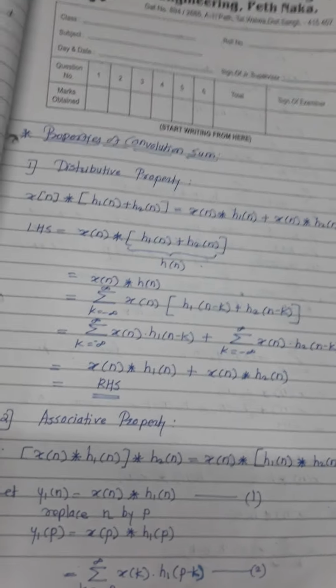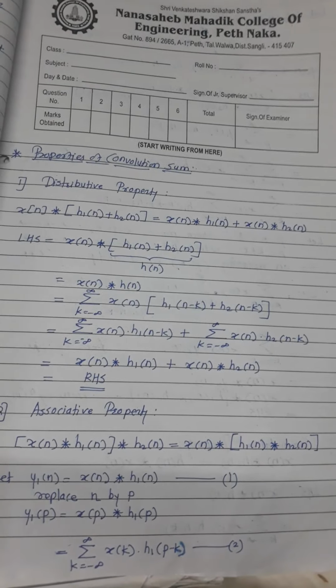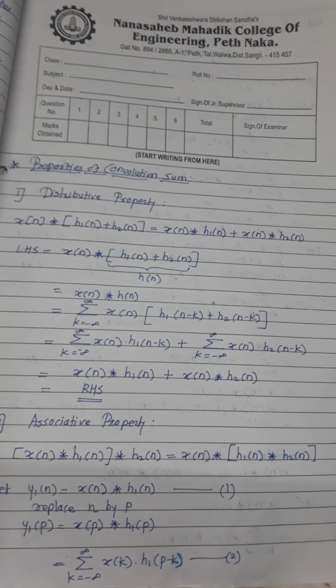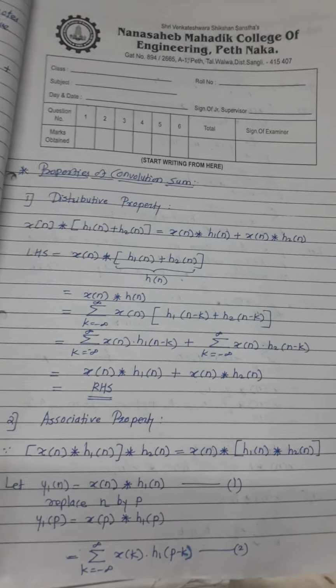Then the associative property. In this associative property, again x of n convolved with h1 of n, bracket complete, convolved with h2 of n, we can say is the same as x of n convolved with, in square bracket, h1 of n convolved with h2 of n.